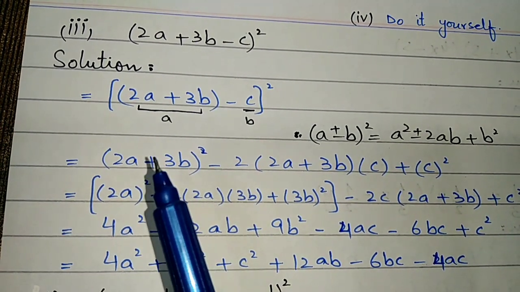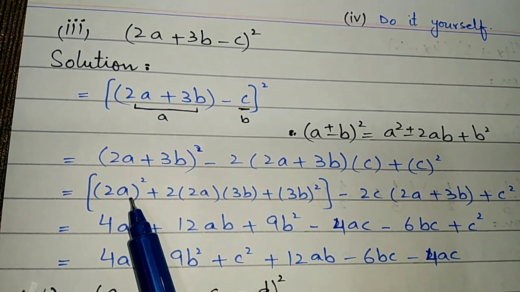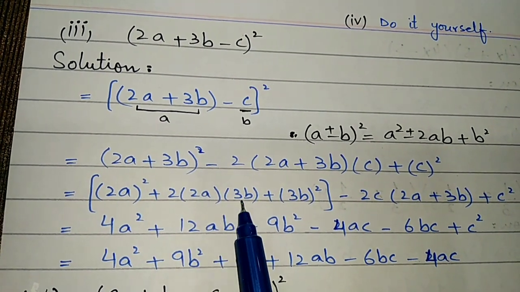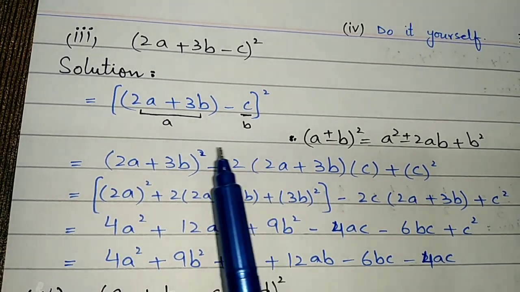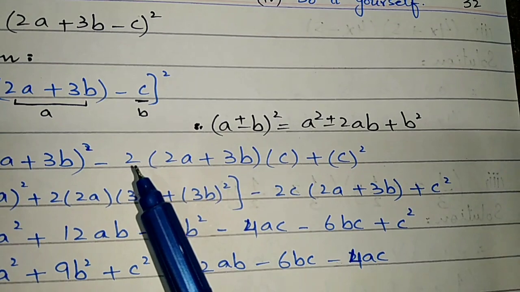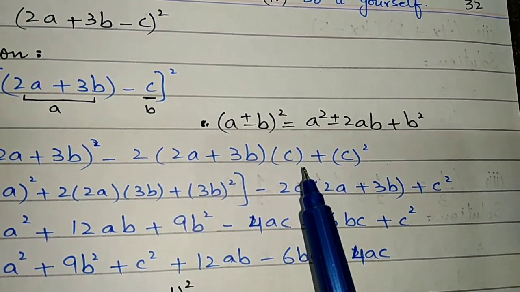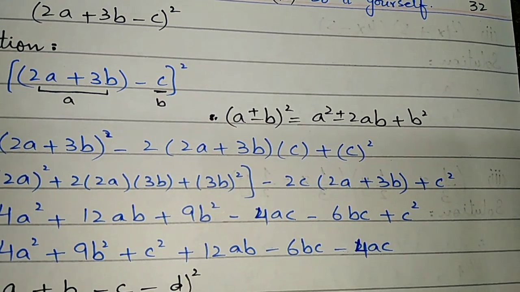Now we open the square of this term, (a plus b) whole square, that is a square plus 2ab, where ab means 2a into 3b, plus the square of the second number, that is (3b) whole square, minus 2 into c, that is 2c into (2a plus 3b), plus c square.